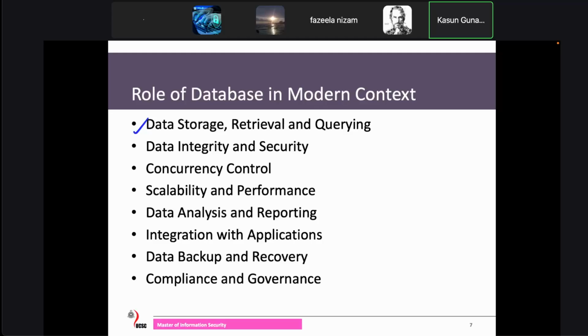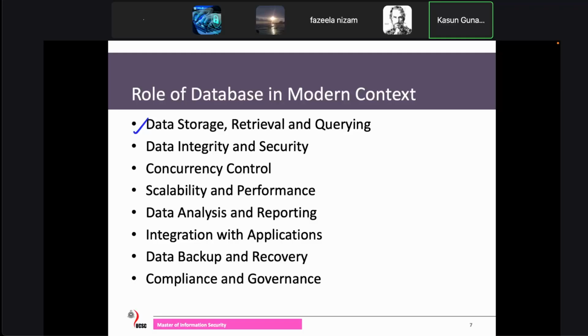And also compliance and governance is another area that modern databases facilitate. Databases support compliance with regulatory requirements and industry standards. So you know that there are laws and standards related to data privacy, security, and governance.